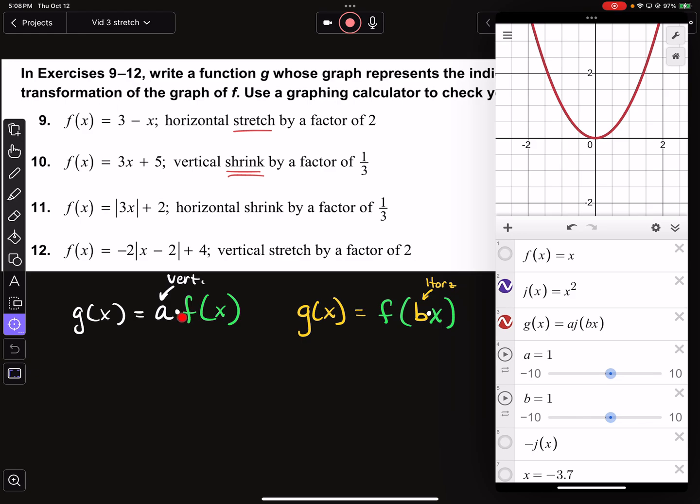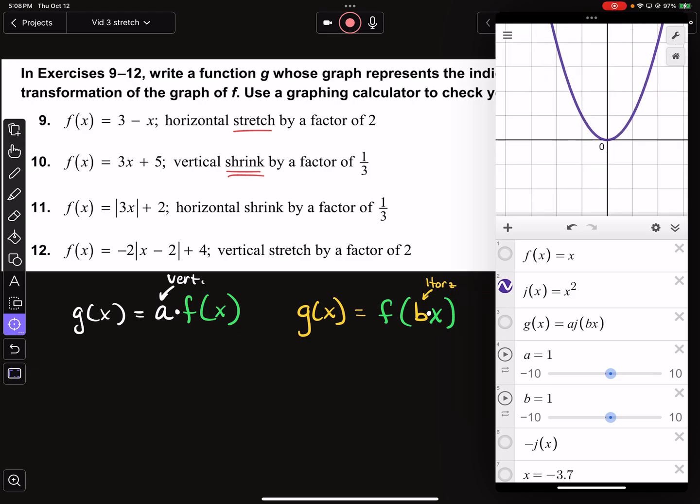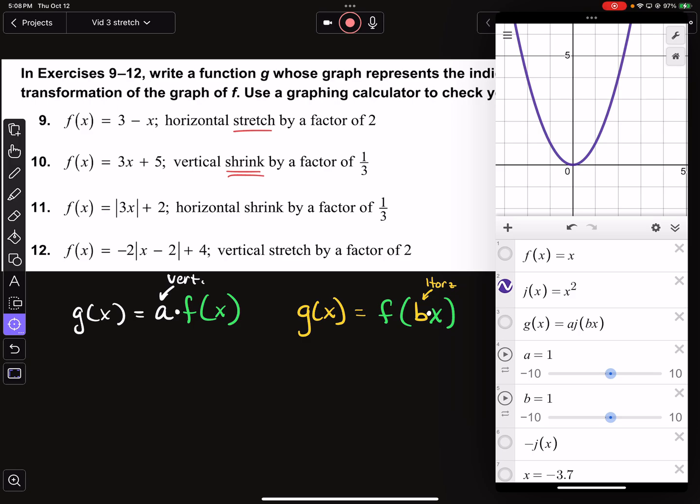Okay, let's go ahead and look at an a value. So here I've got my purple line graphed. I'm going to hide my red one. There's my purple line. Okay, just the standard parent function. I'm going to scale this a little bit better so we can see those points like we're used to.